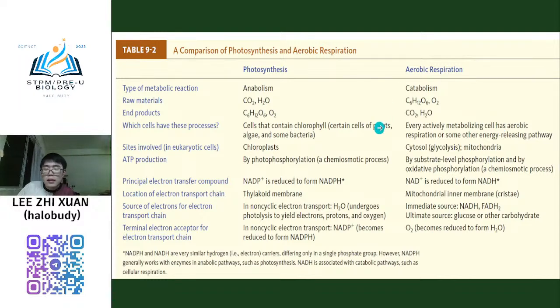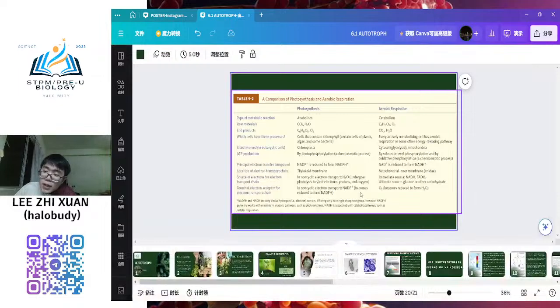So these are the differences between photosynthesis and aerobic respiration. There are 1, 2, 3, 4, 5, 6, 7, 8. If it comes out as an 8-mark question, you can answer it. Okay, so I think today's class is like that only.